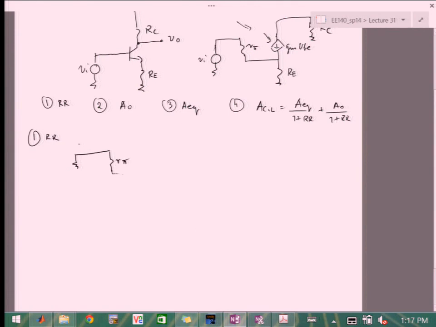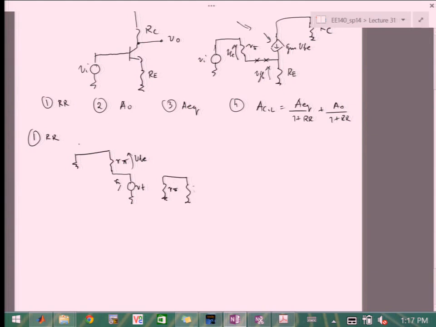And then we can cut the loop right here simply because this is VBE, and this is sort of our feedback voltage that we're feeding back, right? So we can cut the loop right there and add VTest. And then whatever we're seeing here, that will be R pi, we're going to terminate with that.